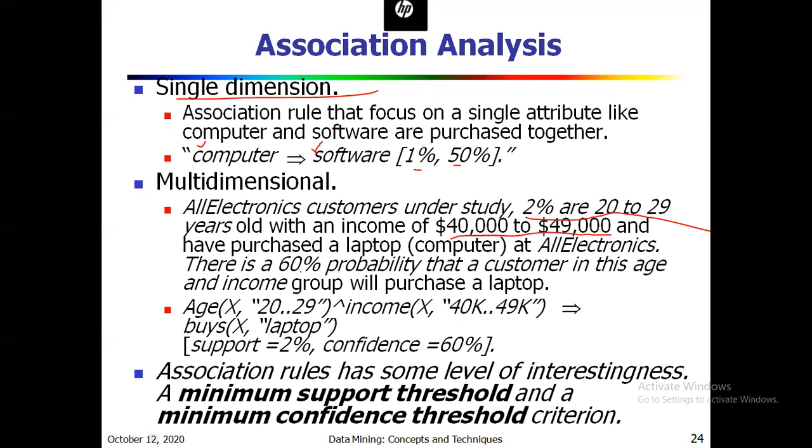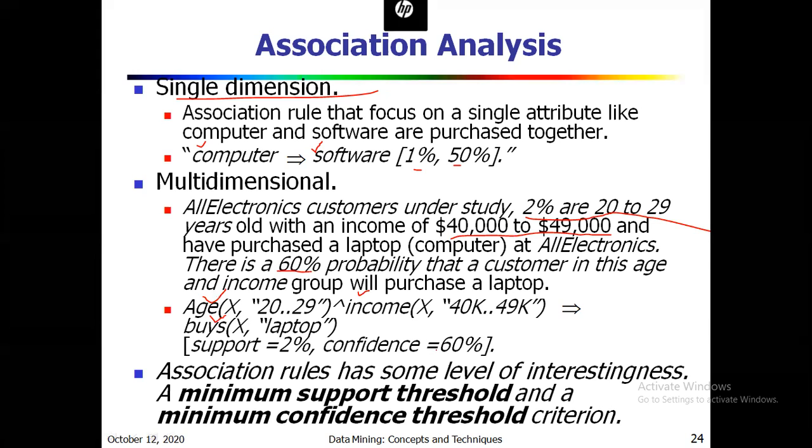So there is a probability of 60% that a customer in this age and income group will buy a laptop. The attributes here are age, income, and buys. So there are three attributes: age is in this range, income is in this range, and they will purchase the laptop with a support of 2% and confidence of 60%.